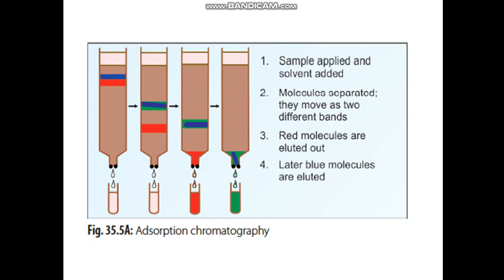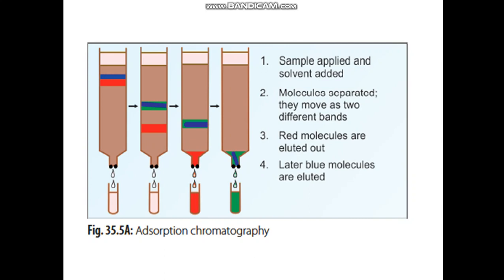The common adsorbing substances used are alumina, silicates or silica gel. These are packed into a column and the mixture of products to be separated is applied in a solvent on the top of the column.